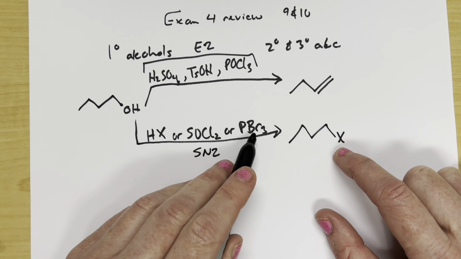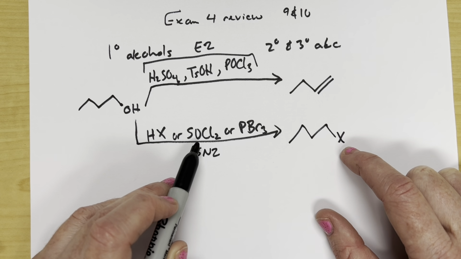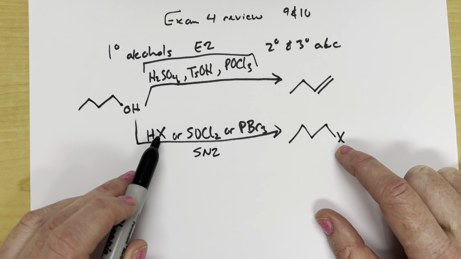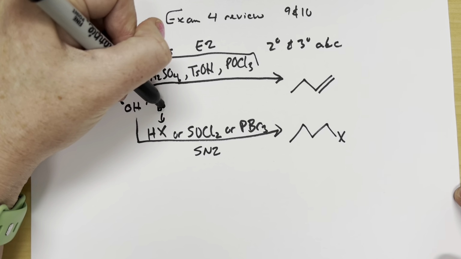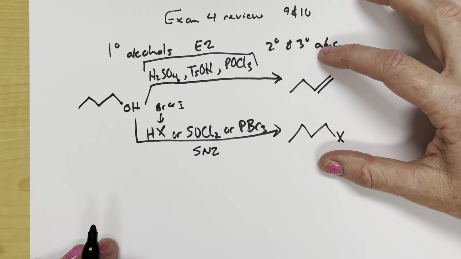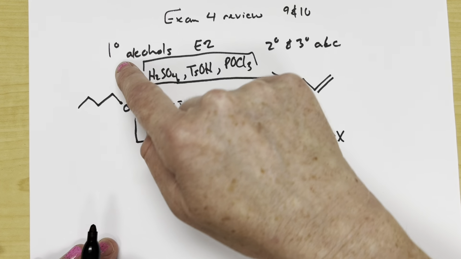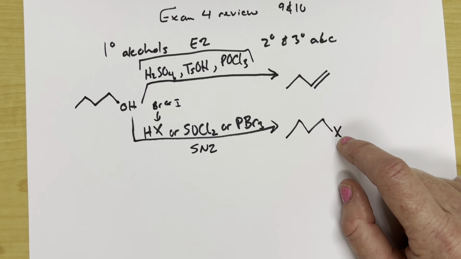In this case, it would be Br with a PBr3. In this case, it would be SOCl2. And in this case, it would be whatever X you're trying to add. If you remember, Cl is difficult to use, so this you usually use for like Br or I, let's say. If you want to add Cl, well, actually, we'll talk about it in a little bit. Okay, so those are the two main things that you're going to do with primary. Either you're going to eliminate or you're going to do some kind of substitution.